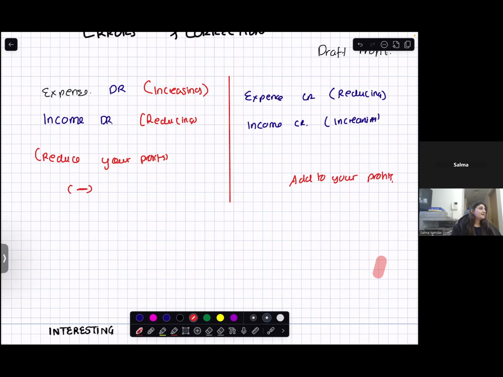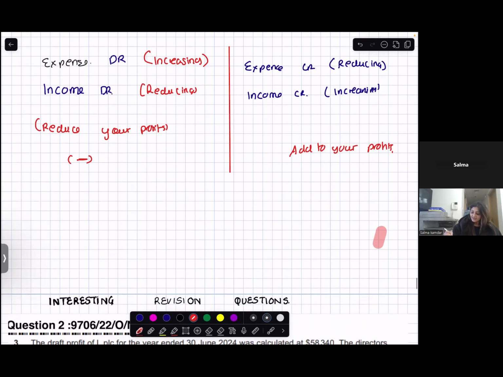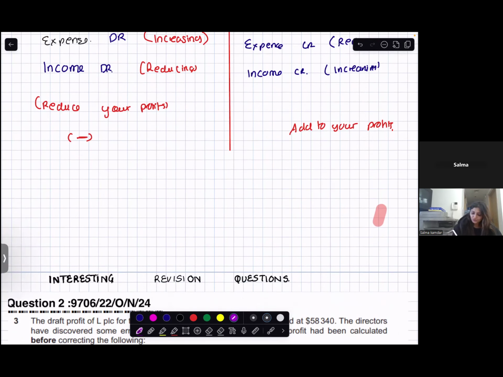I hope you're with me. Then the second thing that you should remember and note over here is we always treat our closing inventory as income, and we treat our opening inventory as expenses.